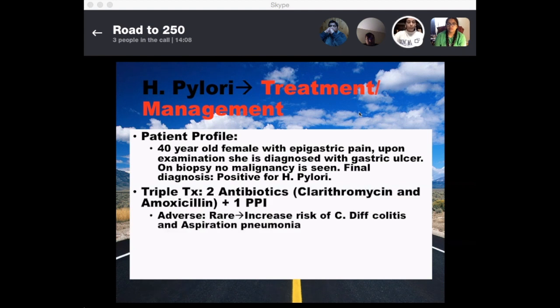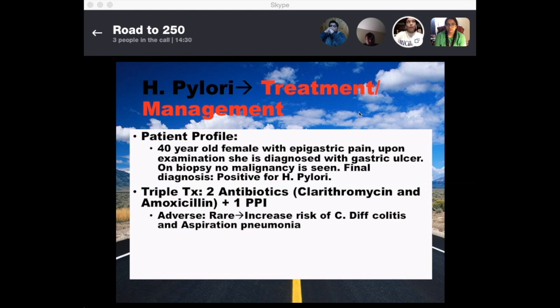So a little bit more about the treatment. Like we said, 2 antibiotics, clarithromycin and amoxicillin plus the PPI. So the adverse effects that we want to keep in mind with these are going to be an increased chance of C. diff colitis and aspiration pneumonia.